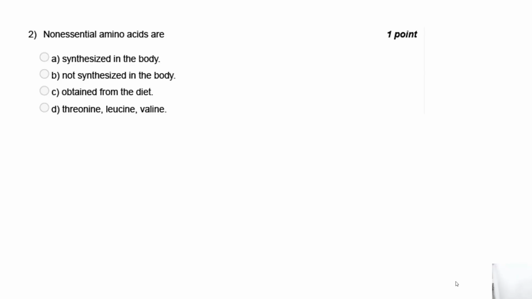What are non-essential amino acids? A. Synthesized in the body. B. Not synthesized in the body. C. Obtained from the diet. D. Threonine, leucine, valine.